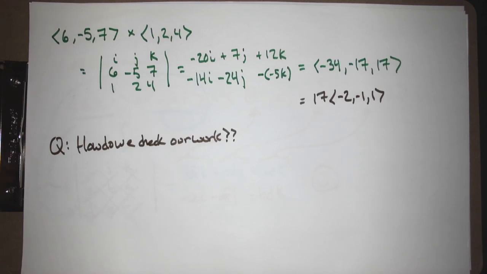Now, we could just say, oh, just do it a second time. But the thing is, if you're making a conceptual mistake, you might make the same mistake. So is there a way to check the output with the input without doing all the work in the middle? Someone said dot product. Why?